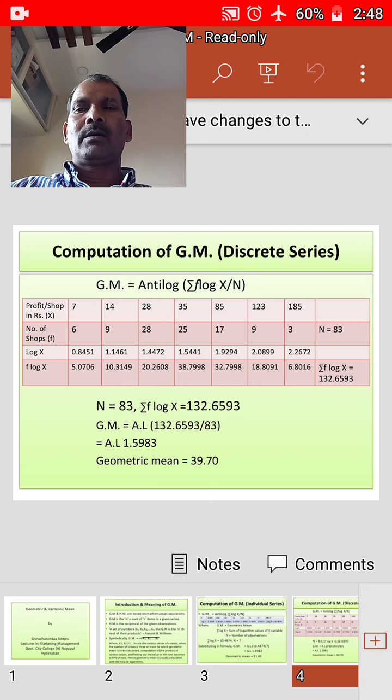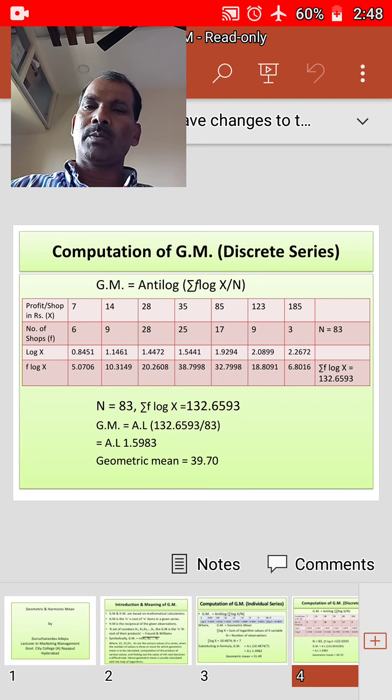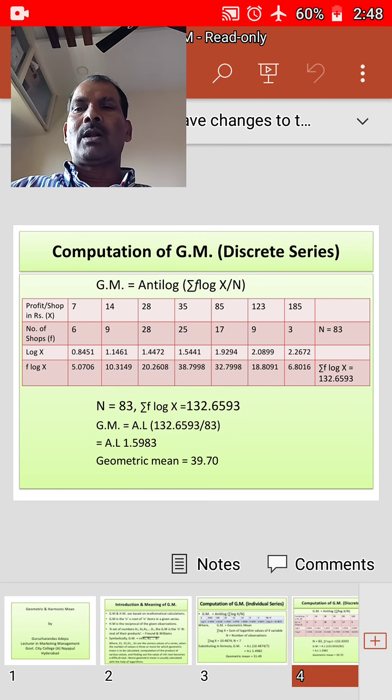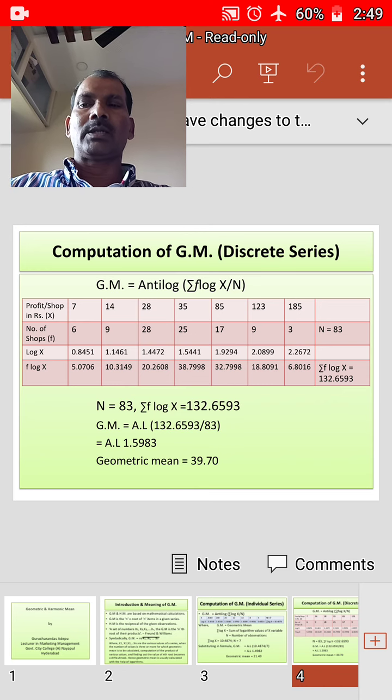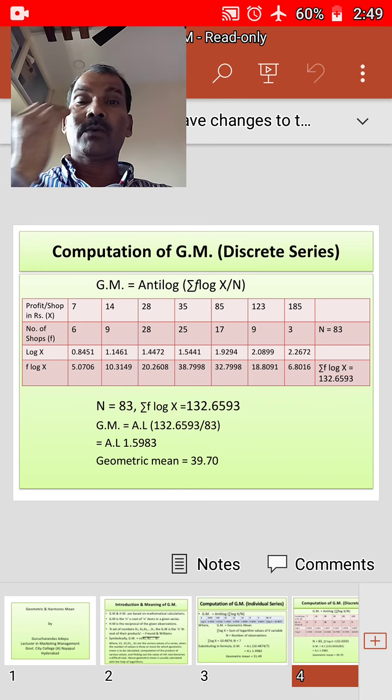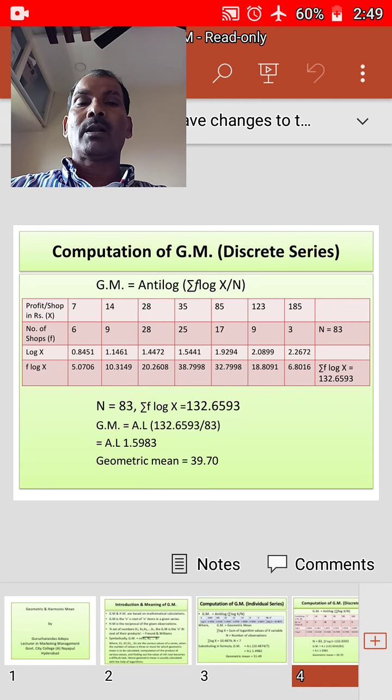Okay, if x is taken as profit per shop and frequency f is the number of shops, log x first, that is log 7, log 14, log 28, log 35, log 85, log 123, log 185.